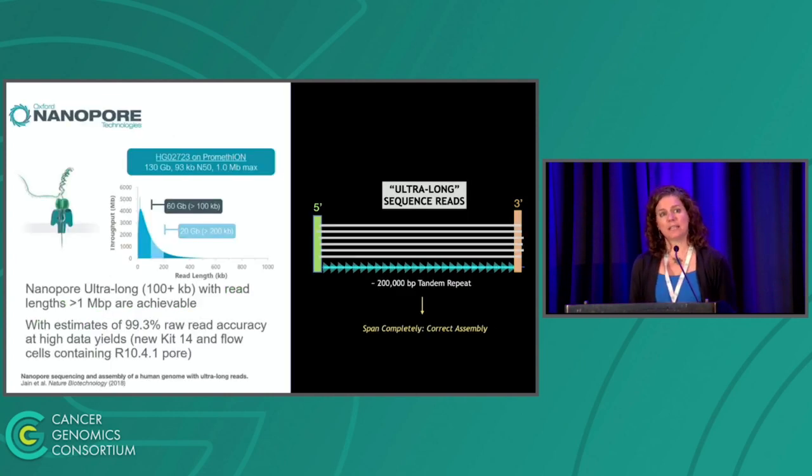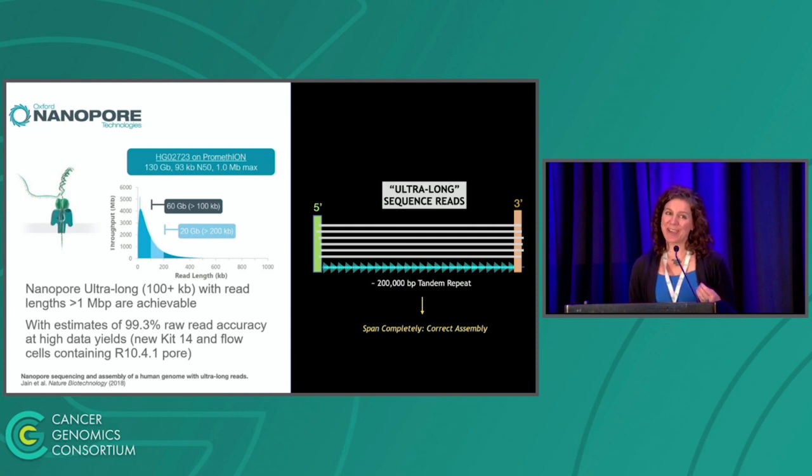Another data modality is an amazing accomplishment from the Oxford Nanopore platform. This was something our team was very excited about from the very beginning, and it actually nucleated our team, because Adam Phillippy and I were on one of the first papers announcing the protocol for ultralong reads. What I'm trying to show you here is that we can now reproducibly reach reads that are 100,000 base pairs, extending all the way to a megabase.